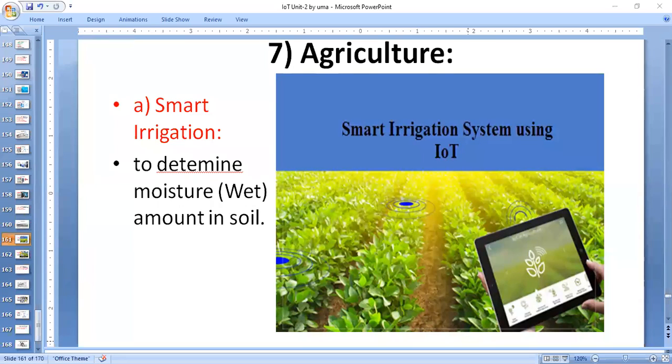I am telling you some information regarding this one. Here, the smart irrigation system can improve the crop yield while saving water. The smart irrigation system can use IoT devices with a soil moisture sensor to determine the amount of wetness in the soil and release a flow of water by using irrigation pipes.